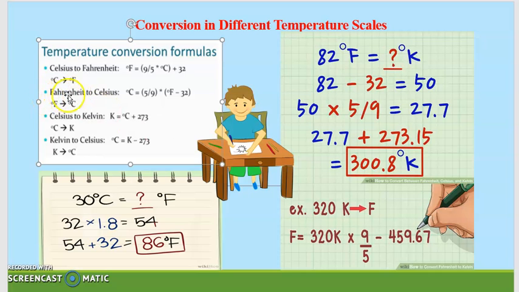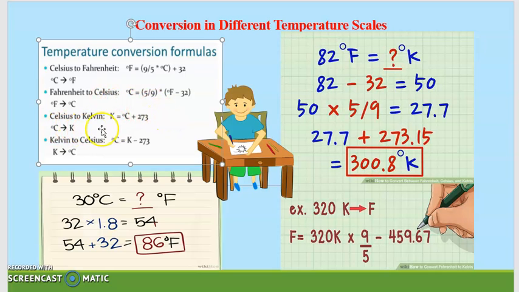When we convert Fahrenheit to Celsius, we use Fahrenheit minus 32 and then multiplied by 5 divided by 9, and we get Celsius.